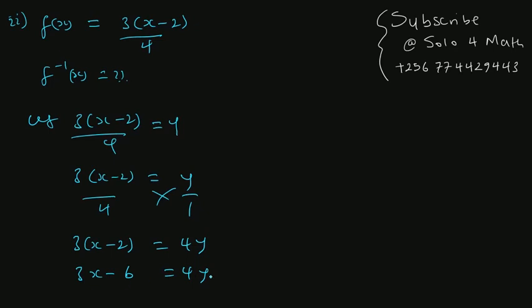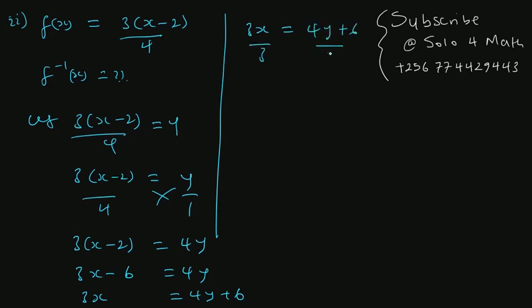Taking 6 the other side, we have 3x equals 4y plus 6. If you want x alone, we divide both sides by 3, which gives me x as 4y plus 6 over 3.